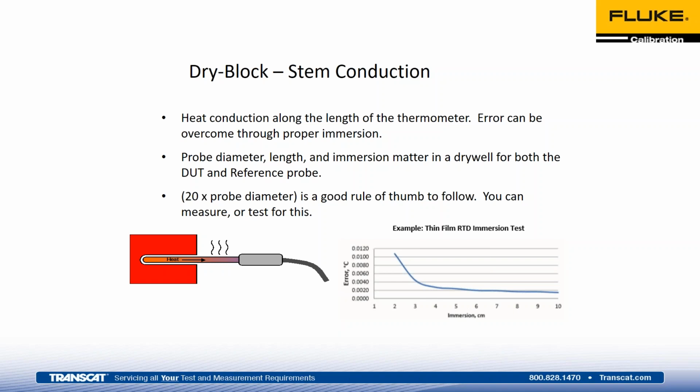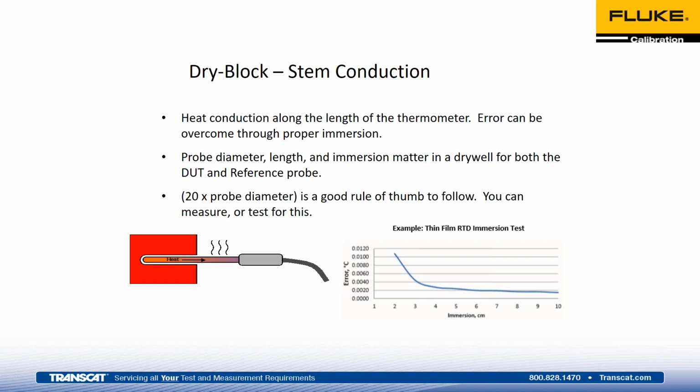You can see here in my example to the right, we have a thin film RTD. So it's a completely different makeup. It's not using a traditional platinum wound sensor, but more so just a thin film. It's almost like a printed IC for the sensor. And you can see in these cases, the immersion depth is much less impacting versus a traditional one.